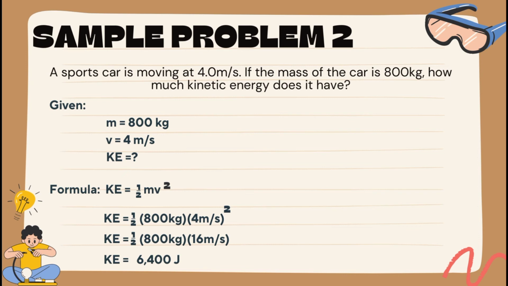Since we have here the 1 half, let's divide 12,800 by 2, that is equivalent to 6,400 joules, or capital letter J. So that would be the final answer for sample problem number 2.